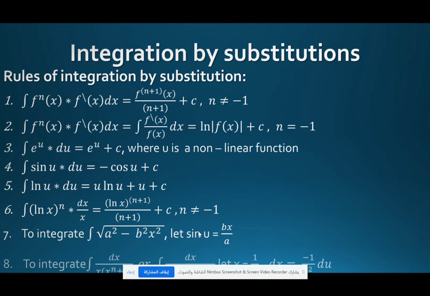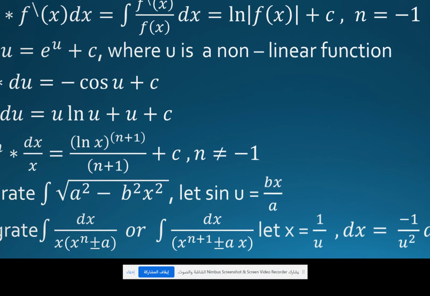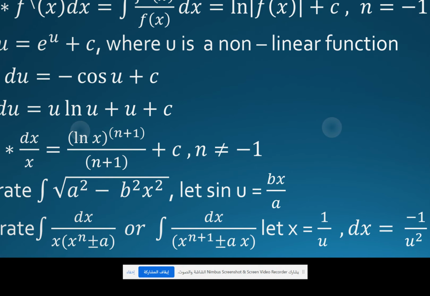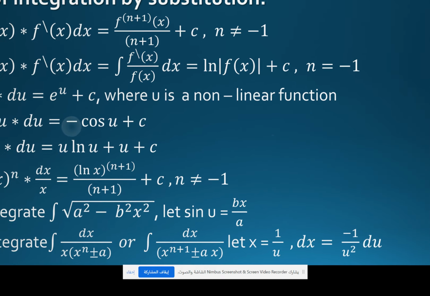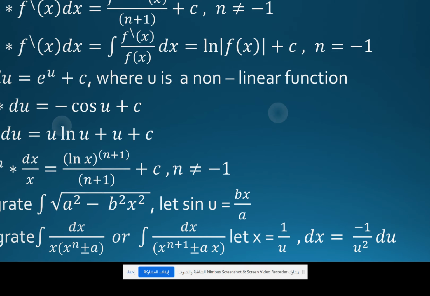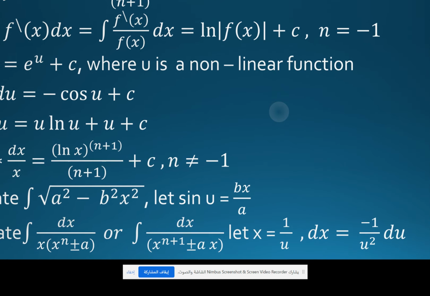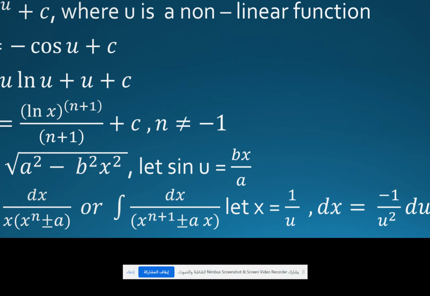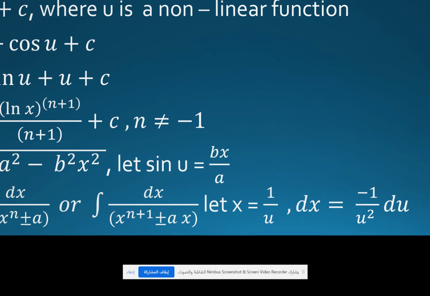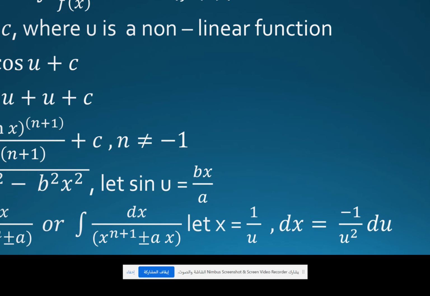The last case is if we want to integrate a fraction, dx over x multiplied by x to the power of n plus or minus a constant called a. Or if they multiply the x inside to give you x to the power of n plus 1 plus or minus ax.